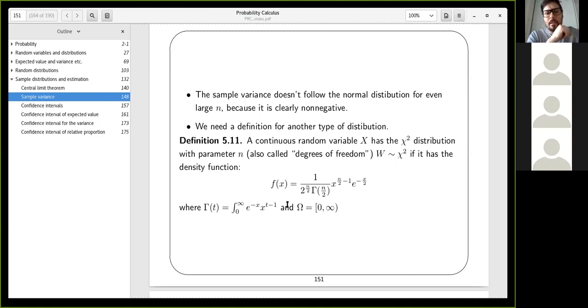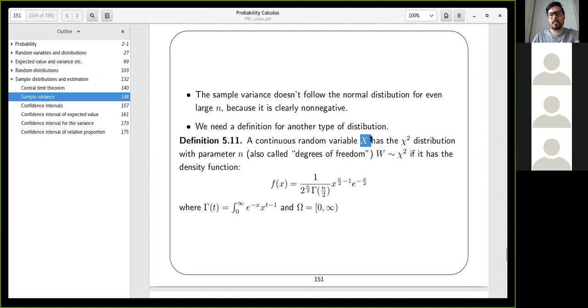So it has one parameter n, and we call it the degrees of freedom. Okay, here's a typo. Glad I spotted that. I'll fix that later.